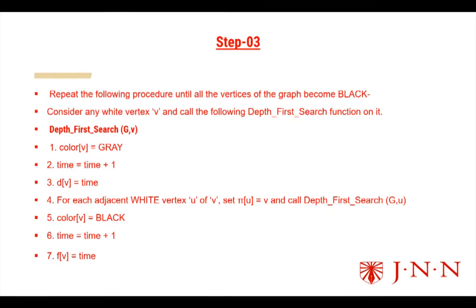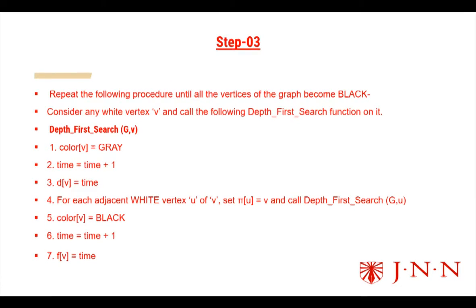For that white vertex u of v, the predecessor is set using the value we stored for the previous vertex, as the pi value. Then immediately we call the depth first search algorithm on the graph for the new node.